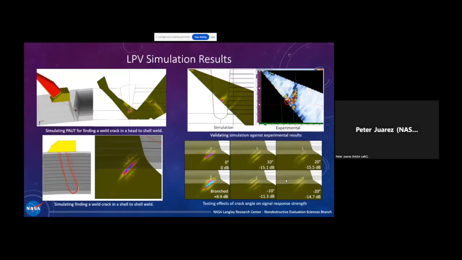And so using simulation, we validated that we could simulate this inspection, and we were able to show that we can represent reality in SIVA for this type of weld.